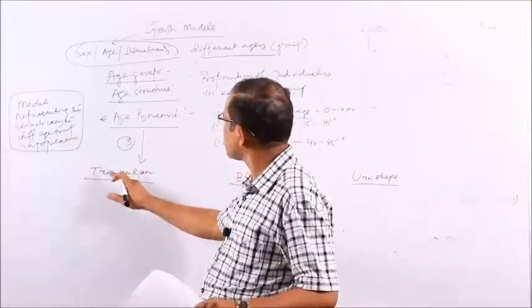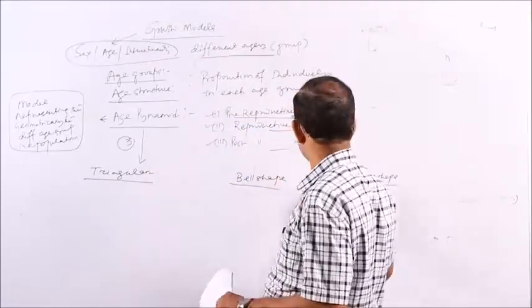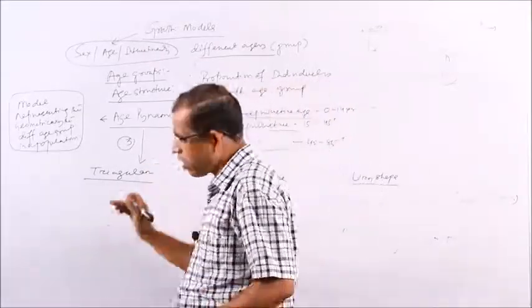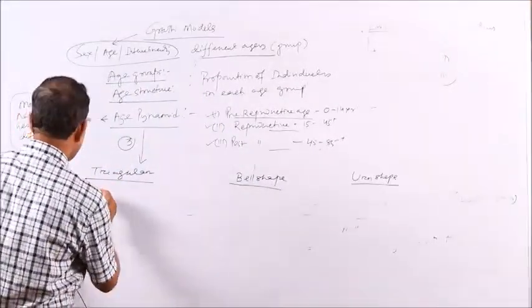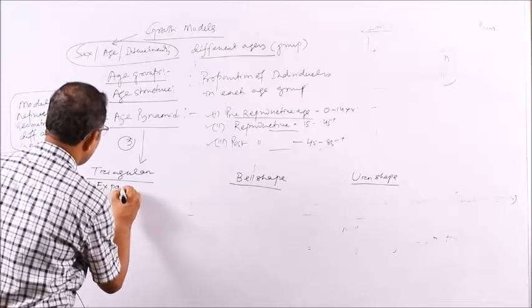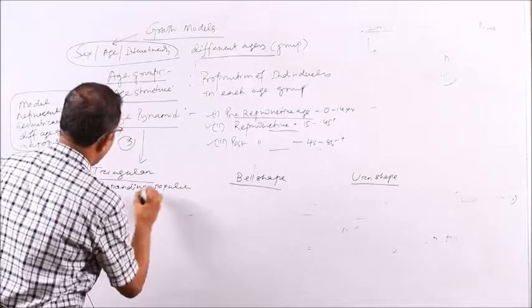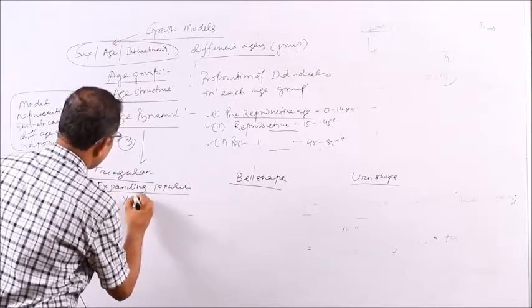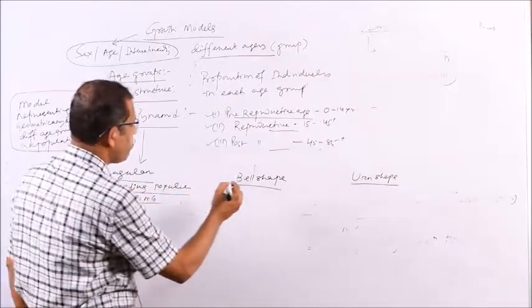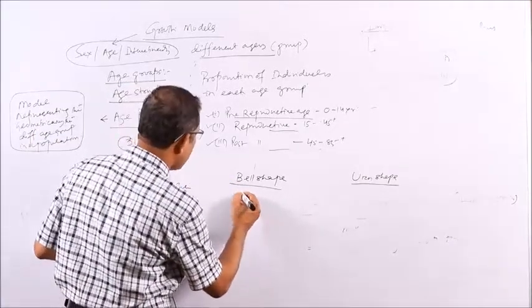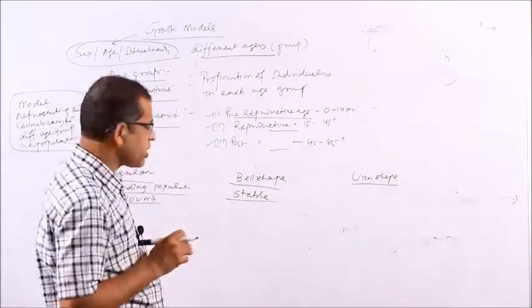Now, I am going to tell you about the three: triangular, bell shape and urn shape. The triangular is also called an expanding population. Some books call it a young population. Bell shape is very important; it is the most stable population.